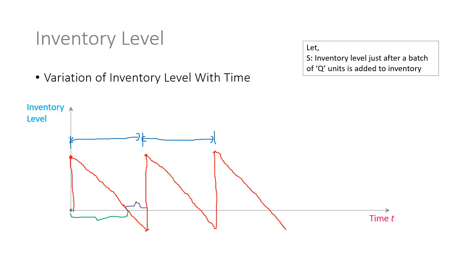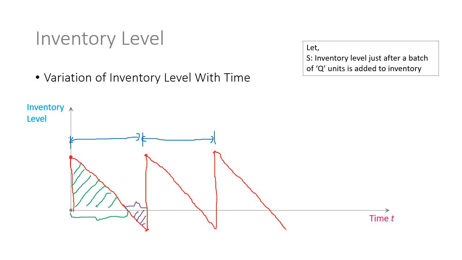If you observe the green portion, you can say that there was inventory for the duration of the green portion. Similarly, for the purple portion, there was no inventory. In fact, there was a shortage.